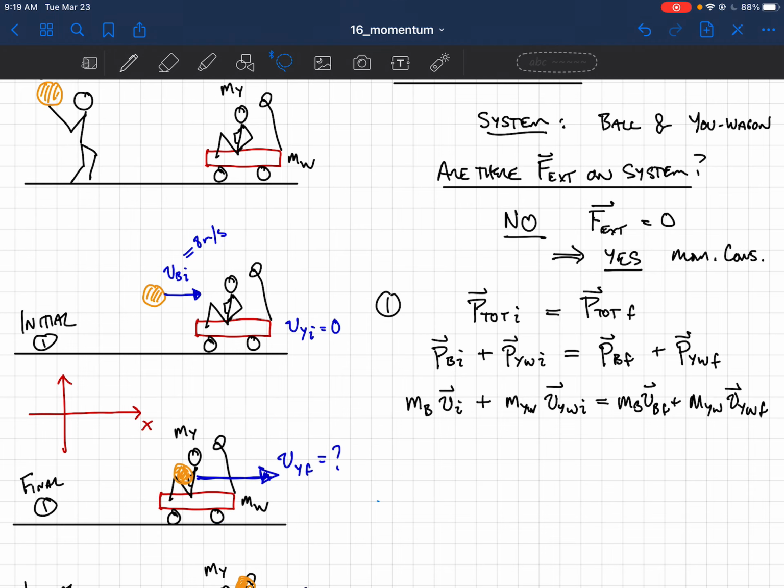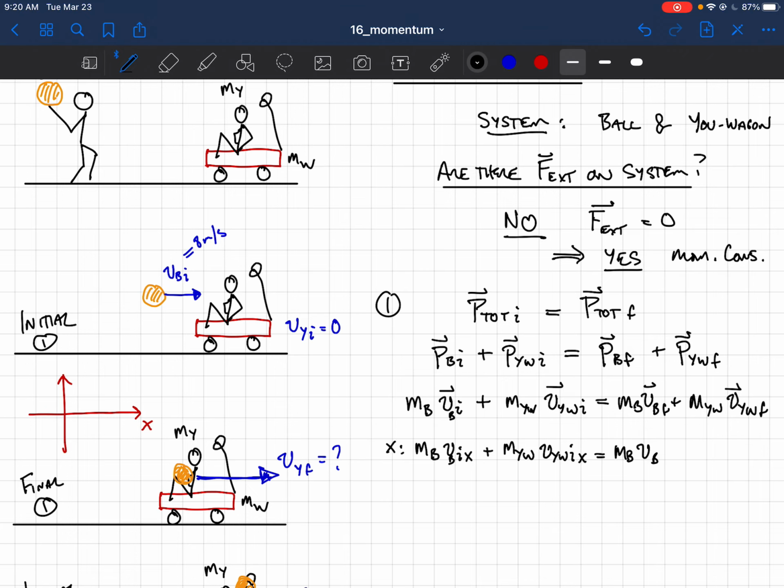So let me just give myself a little bit of space here. We have a vector equation here, and that vector equation should also be true for the x components. So I can rewrite it: m ball v ball initial x plus m u wagon v u wagon initial x.